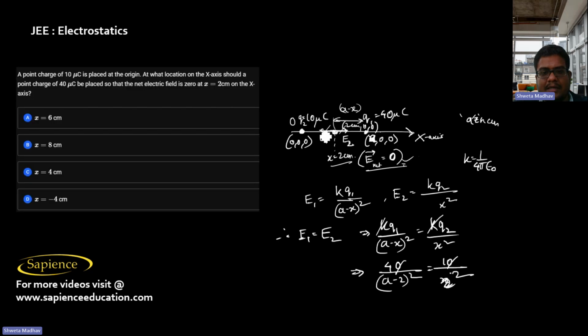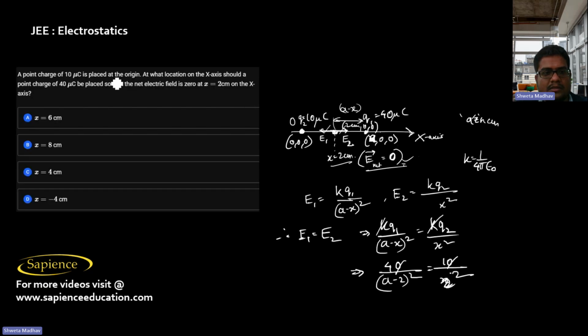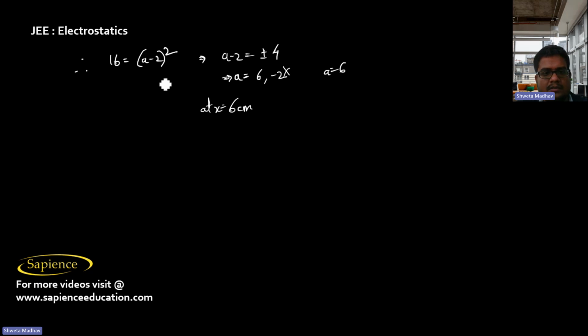So A minus 2 will be equal to plus or minus 4. Therefore, A can be 2 plus 4, 6, or minus 2, but A cannot be negative. So A should be 6. So therefore, at x equal to 6 centimeter, the 40 coulomb charge should be placed. So option A is the correct answer.